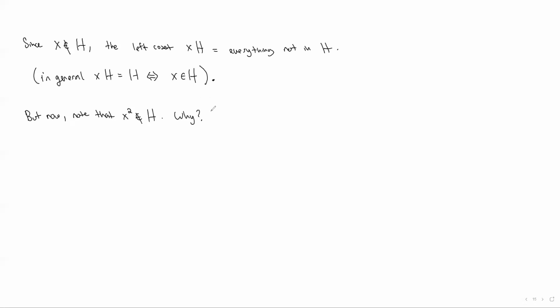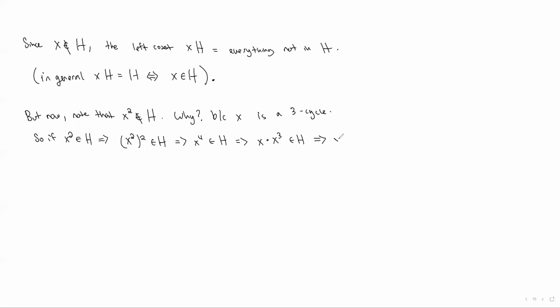Why? Because X is a 3-cycle. If X squared is in H, then X squared squared would be in H, which is X to the 4. But X to the 4 is X times X cubed, which is just X, because X cubed equals the identity.